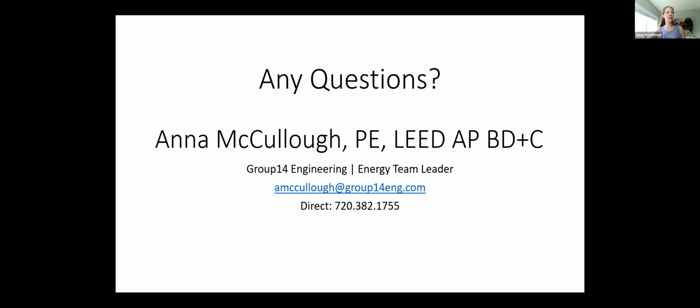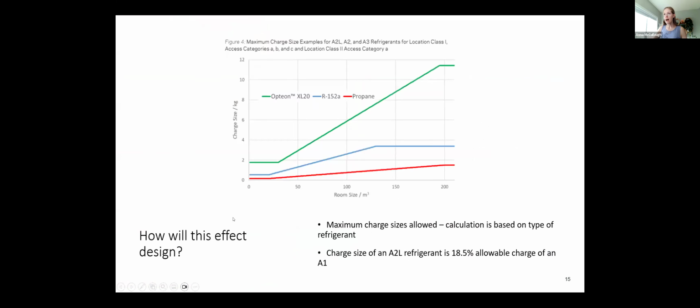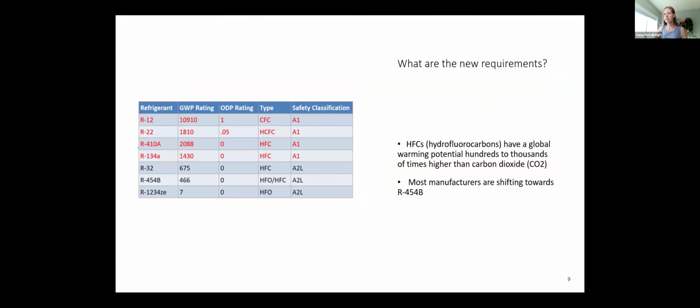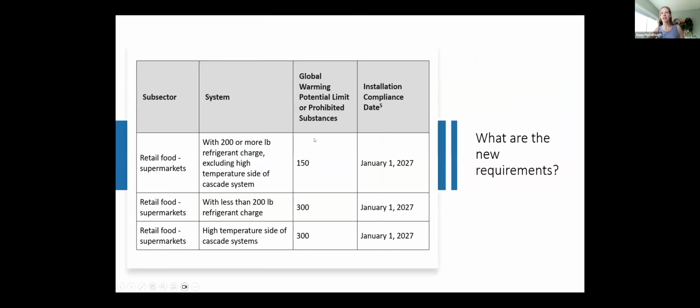I believe they're all 2027, but I'm going to triple check for you. And then those GWP limits are going to be the same as these, this 300 with the less than 200-pound refrigerant charge. But I'll send that to you.